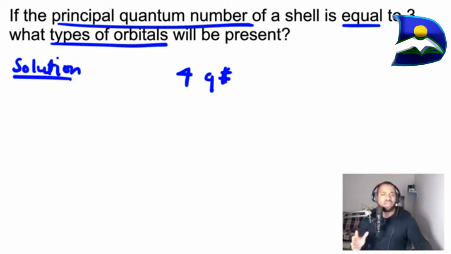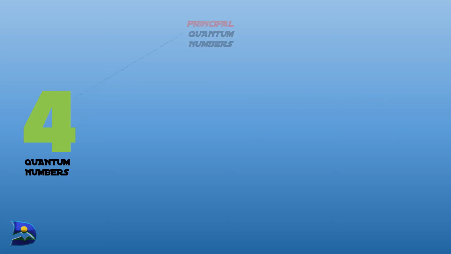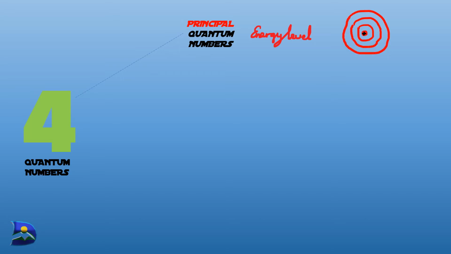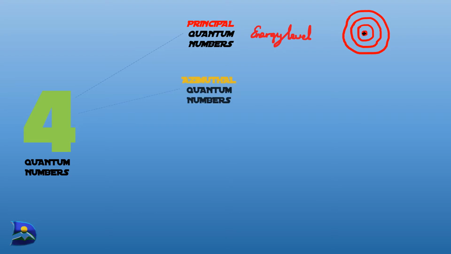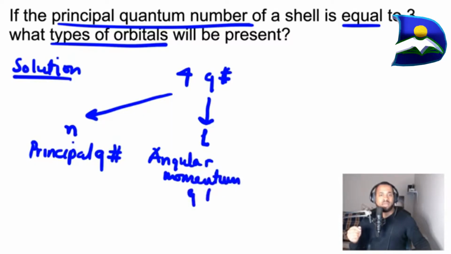So let's look at this combination of quantum numbers. We have the quantum number represented as n, which is called the principal quantum number. The next one is l, the angular momentum quantum number.